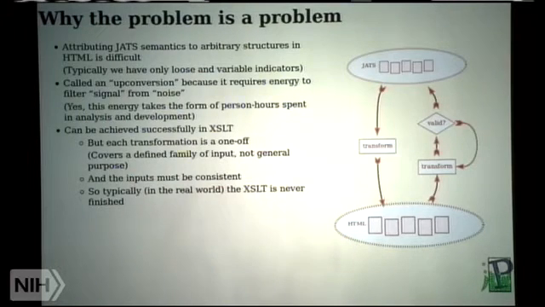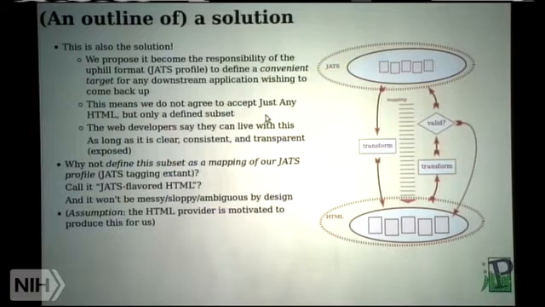Now, once you've identified it like that, of course, if you can actually understand your problem, you can begin to understand the solution. The solution that I offered my customer here, which really told me that this project was actually feasible, was that in fact we're in a position where we can define and specify for the HTML side of our exchange, for our HTML partners, an HTML profile that we would accept.